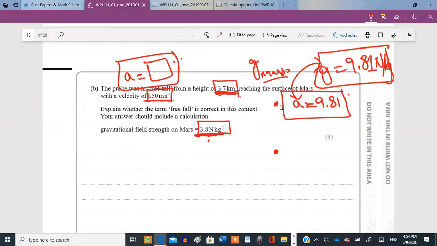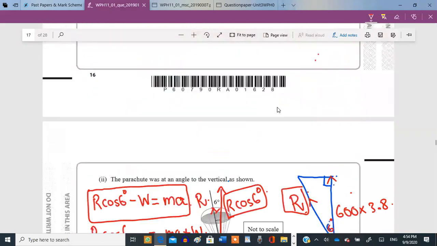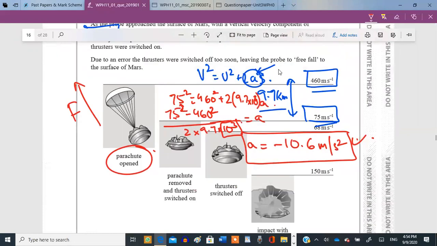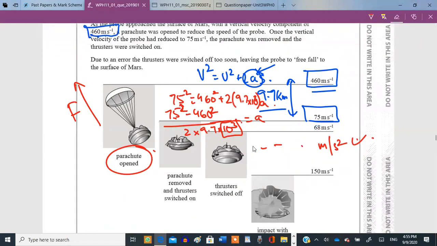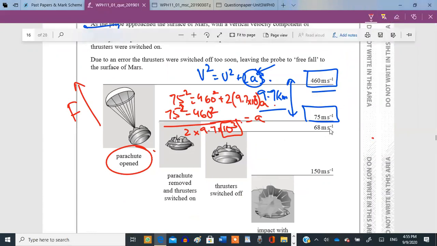The initial velocity is, if you look at the probe again, the parachute was removed, thrusters switched on. Then as soon as the thrusters were switched off, its velocity was 68 meters per second. From here, it fell to 150 meters per second. And the height has been given to us.